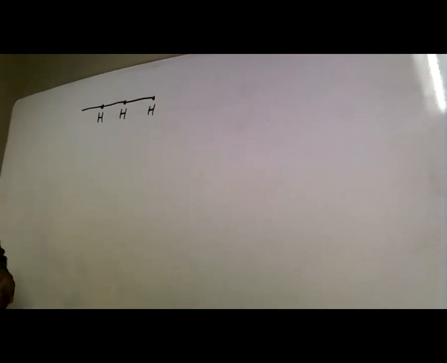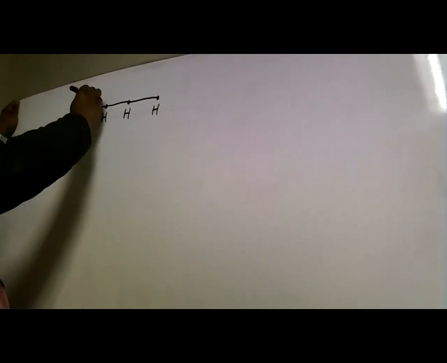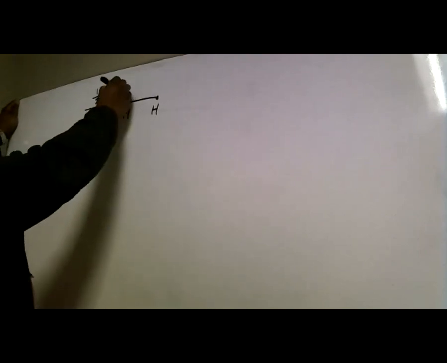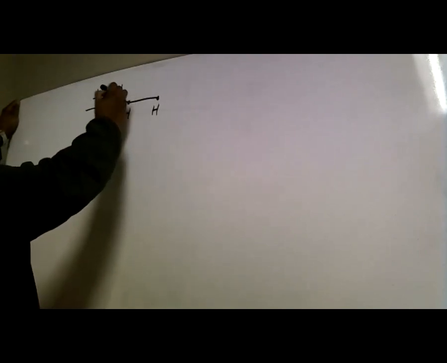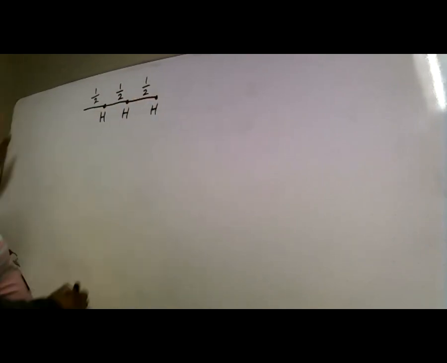If it's a fair coin, then the probability of getting a head on the first attempt has to be 1/2, because it's either heads or tails. And the probability of getting a head on the second would be 1/2, and on the third, the probability of getting heads would be 1/2.